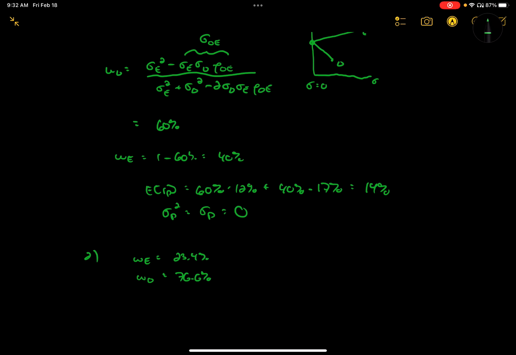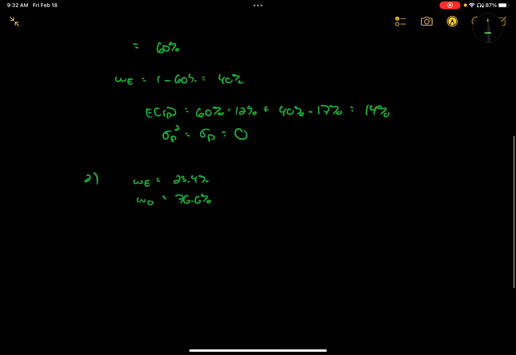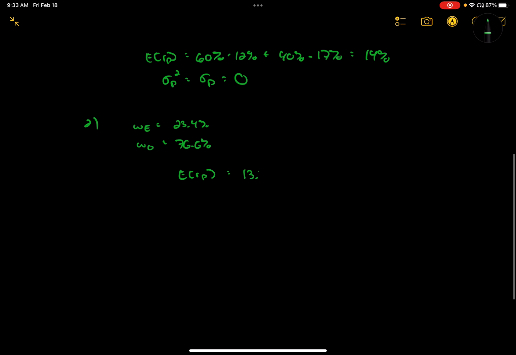Nothing complicated here. We just replace the weights in the expected return and variance formulas, and we find 13.17% for the expected return, 18.67% for the standard deviation.